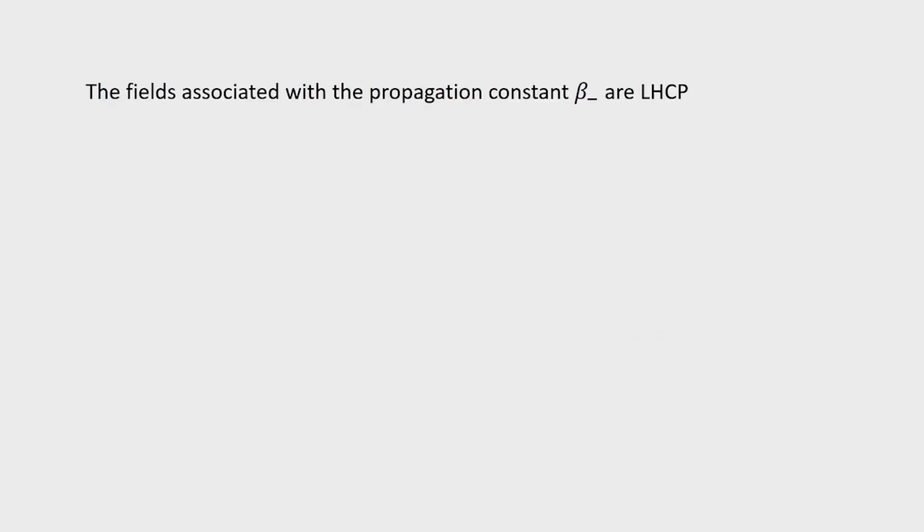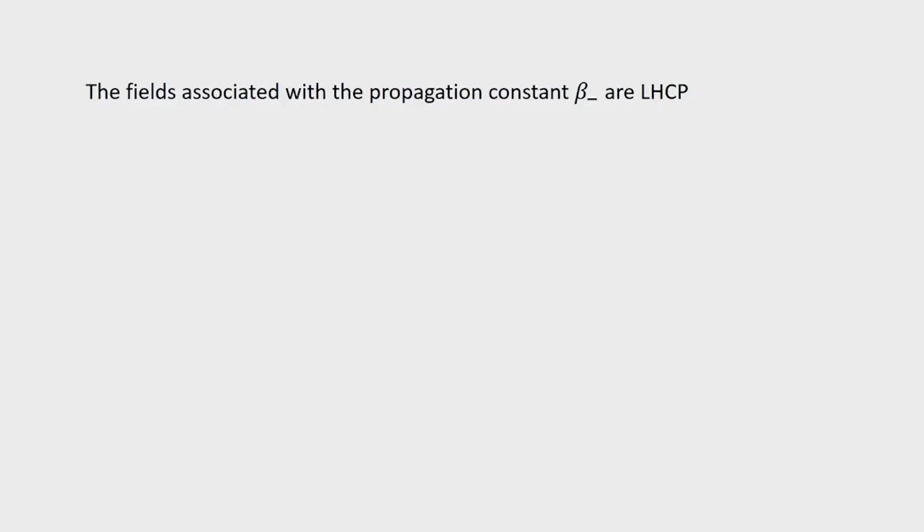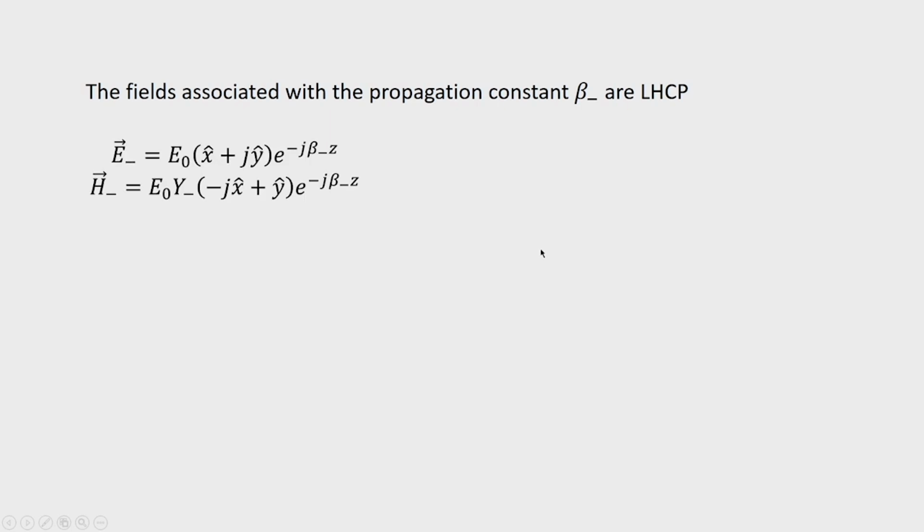In the same manner, we can find that the fields associated with the propagation constant beta minus are LHCP, or left hand circularly polarized, and therefore we can write E and H expressions for beta minus as shown.